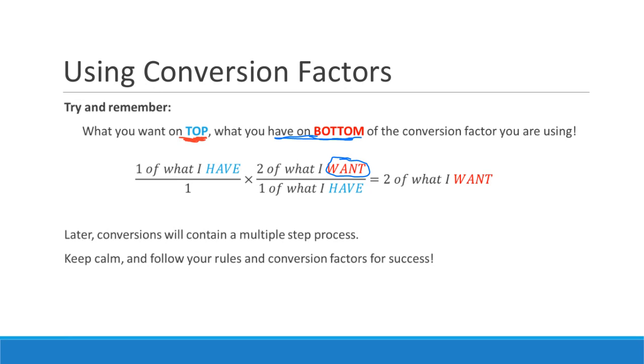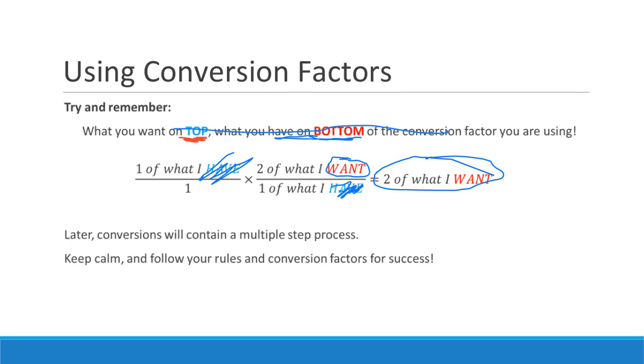But essentially, look at this. If I have 1 of what I have times 2 of what I want, the halves are going to cross out, and I will be left with 1 times 2, 2 of what I want. That really works for any system of measurement.